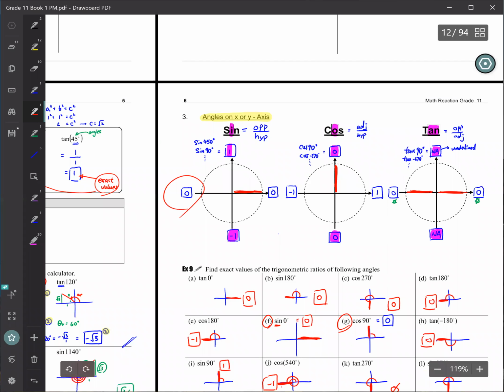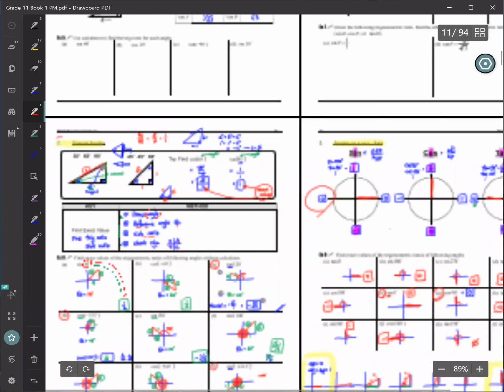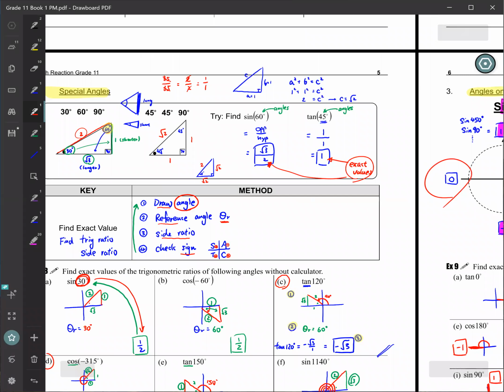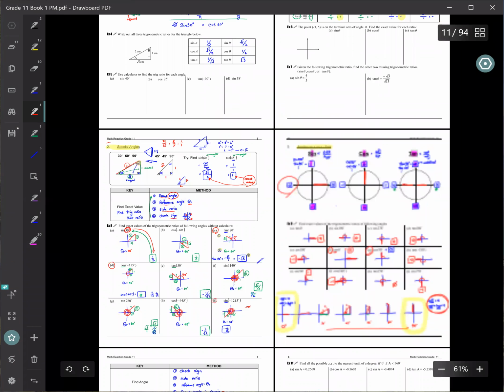If it's not on the axis, then it must be in a quadrant. Then you follow the 4 steps. Okay, it's either page 5 or page 6. Cannot be anywhere else.